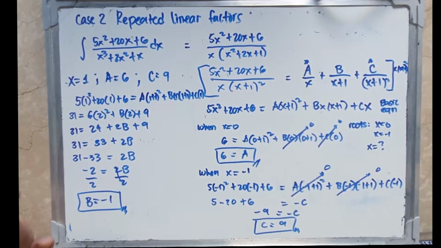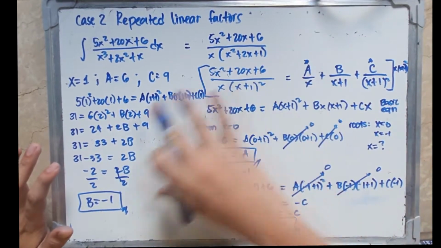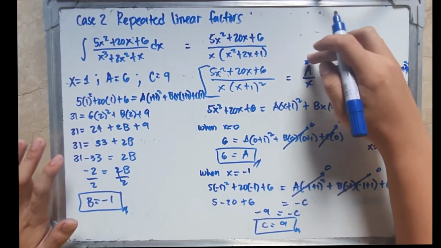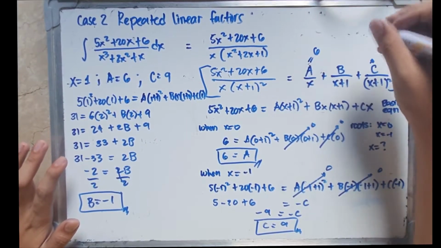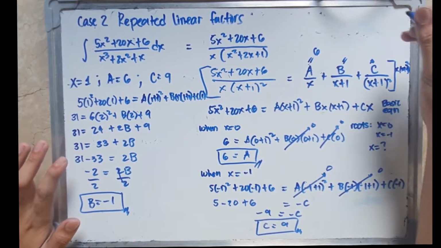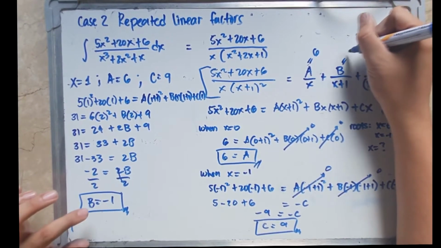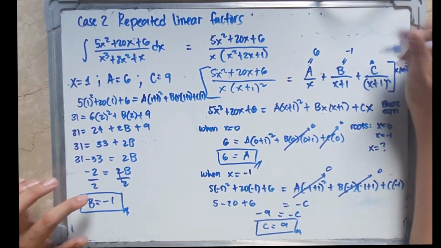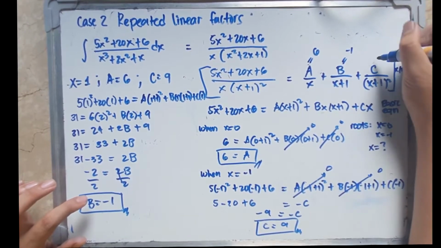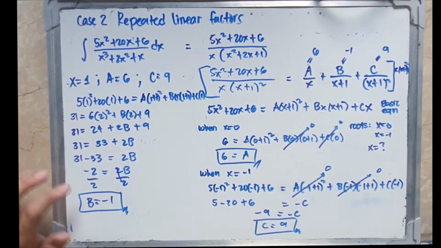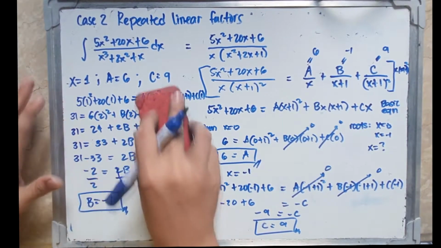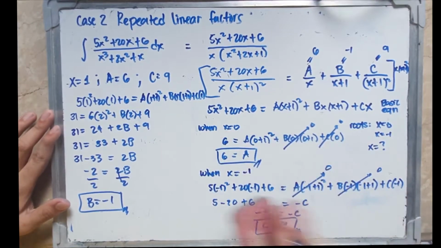So let's use these values: A is 6, B is negative 1, and C is 9. Let's erase this part first. We already know the process.